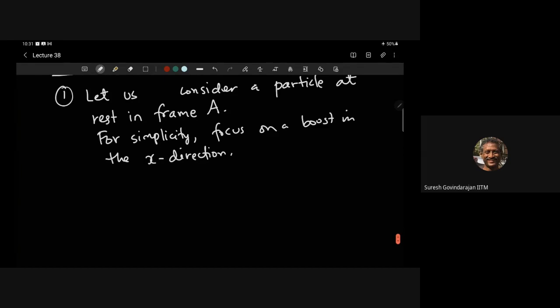In frame A, delta X equals 0, so the particle is not moving. Of course, delta Y and delta Z are also 0, but that's not relevant for us.